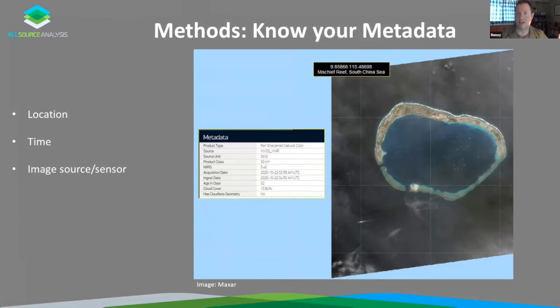That underscores the importance of knowing your metadata, how to look at it, where to find it, and knowing what the most important parts are. In this case, location and time and image source are the three types of metadata that we're going to pay attention to, very high level types of metadata that will come up later in the presentation.